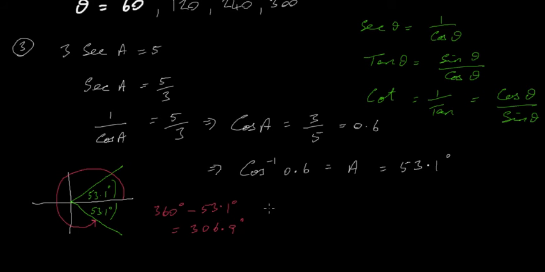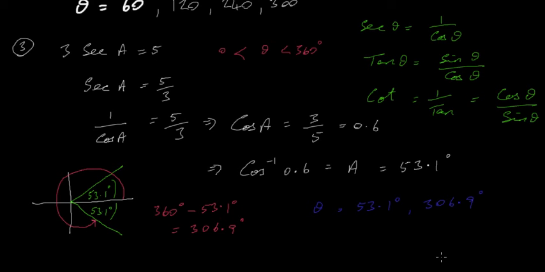So we were doing this initially, by the way, I should have set up here, theta was going to be between 0 and 360 degrees. So this is as far as we can go. So our answer then really is theta is 53.1 degrees and or 306.9 degrees. So there are two answers.